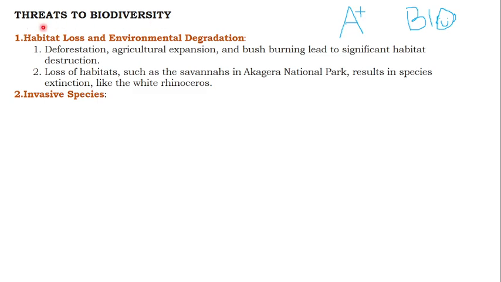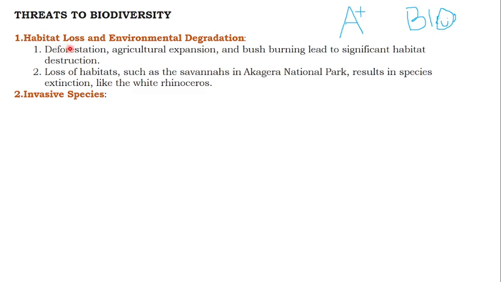Threats means things which can cause harm, what biodiversity is suffering from. Nowadays they are talking about some species being lost. So what are the threats to biodiversity?